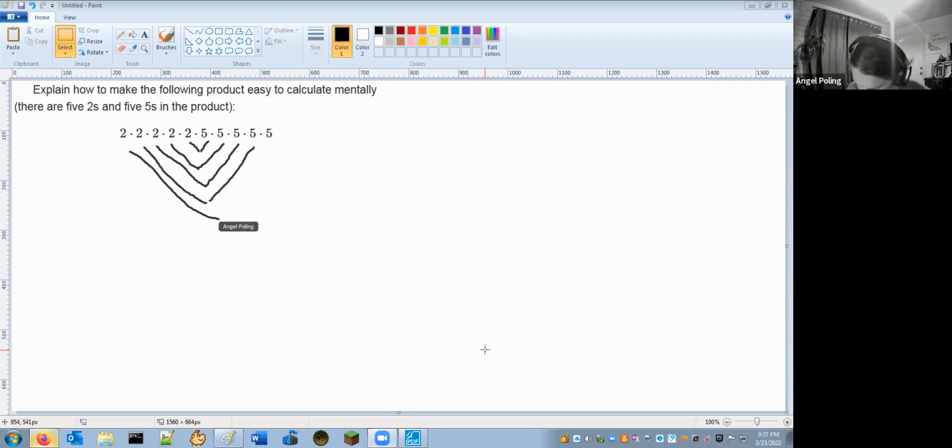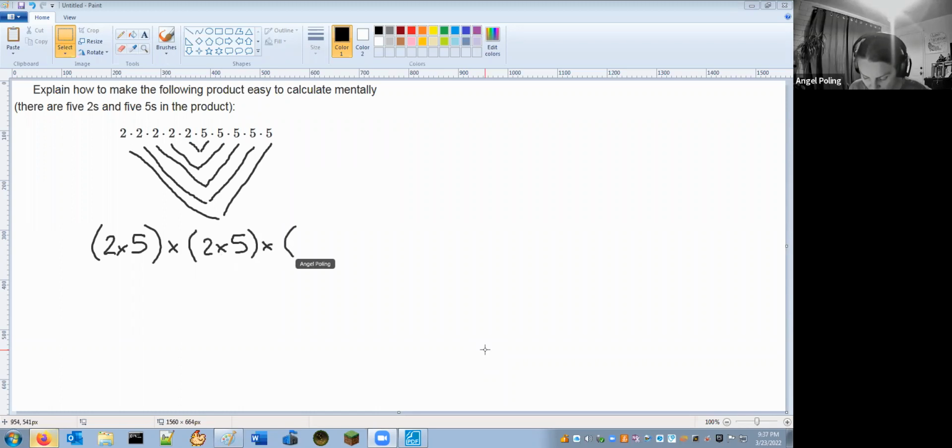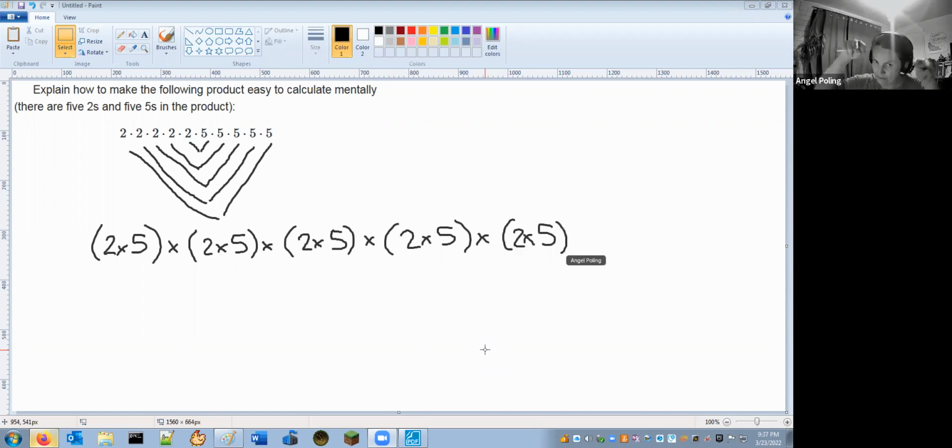I think that's what I would end up doing, so that I had 2 times 5, and then I would have 2 times 5 a certain amount of times, right? So let's take a look at that. So one thing I've done is simultaneously moved positions and reassociated my multiplication, right? I've inserted a 5 forward.